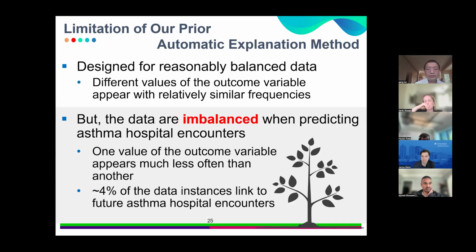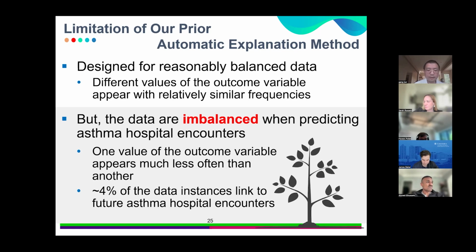So the previous method was originally designed for reasonably balanced data. That means, for example, if we have yes and no as two possible values of the outcome, those two values appear with roughly similar frequency. But when we try to predict asthma hospital encounters, the data are very imbalanced.